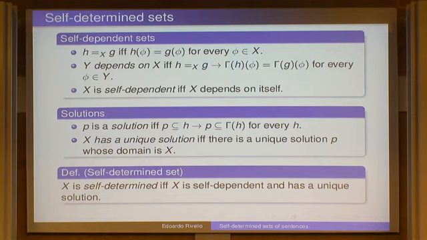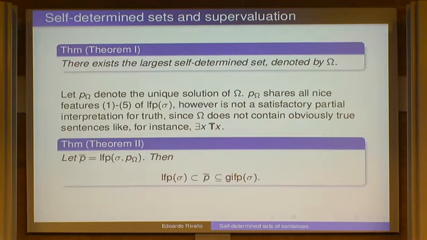And then with these two ingredients, we can define a set of sentences X to be self-determined if and only if it is self-dependent and has a unique solution. So what can we prove about such sets? We can prove these two things at least. Theorem 1: there exists the largest self-determined set, denoted by capital omega.